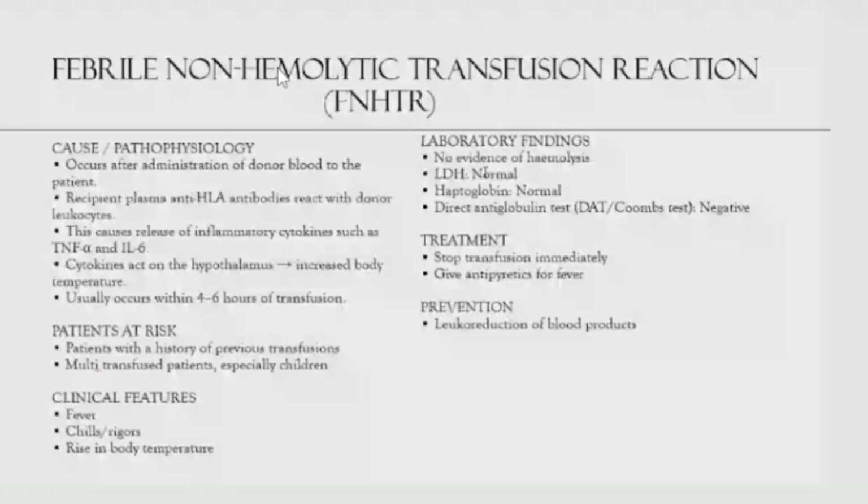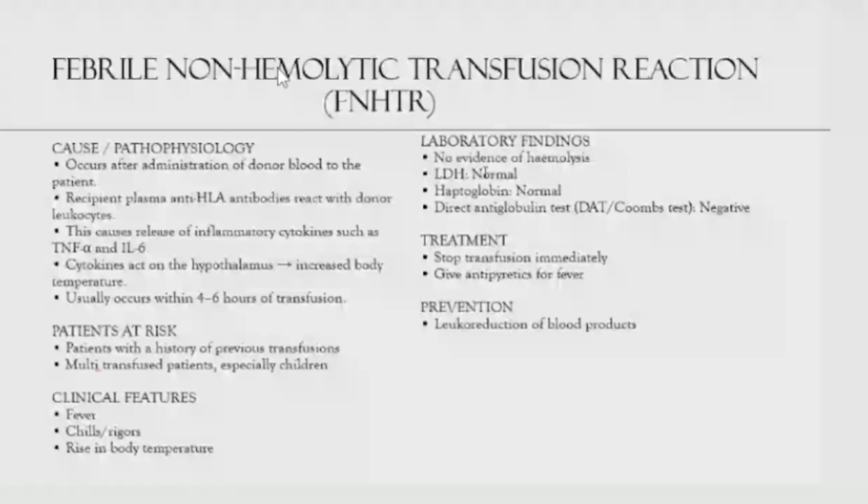Then for the treatment, I have come across: you stop the transfusion immediately. You do not transfuse that person now, and give him antipyretics for fever, which are basically your NSAIDs. But among NSAIDs, those such as paracetamol work at the level of the brain itself. And as I said, for prevention, you do leukoreduction.